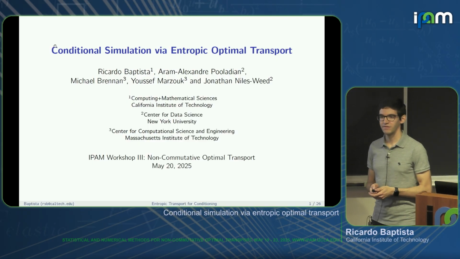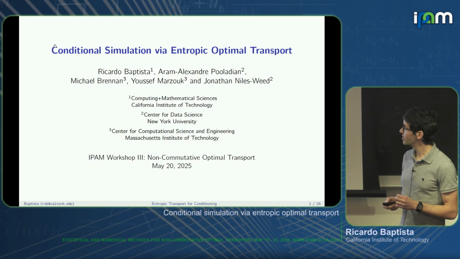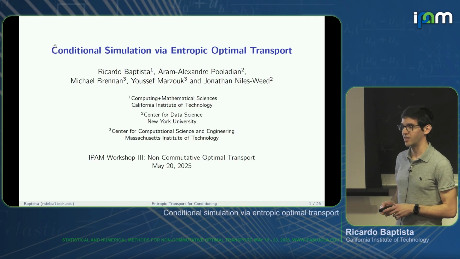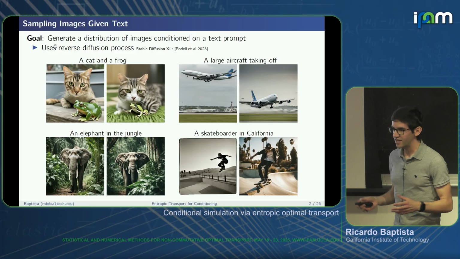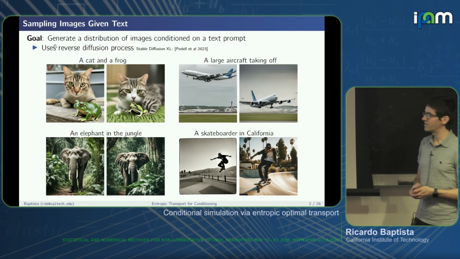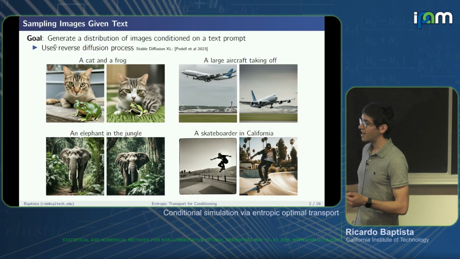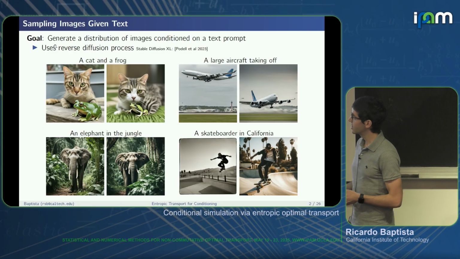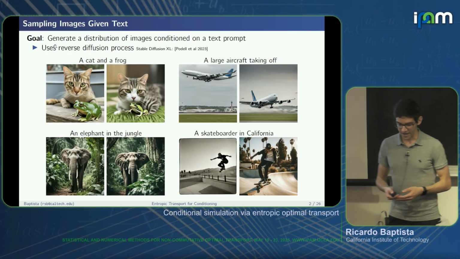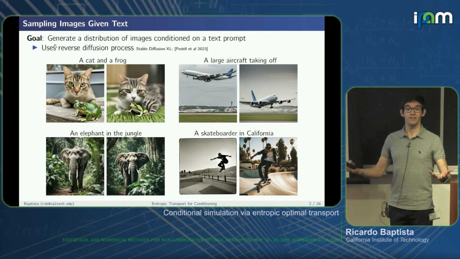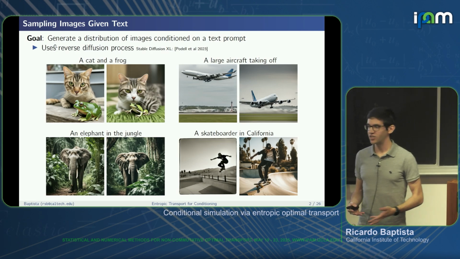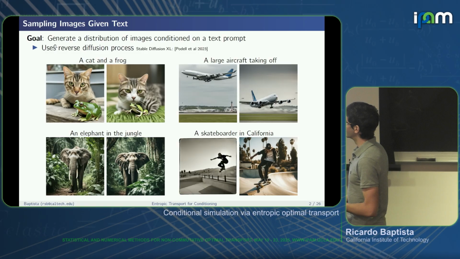So to introduce the problem of conditional sampling, I want to start off with two motivating applications. The first is one that maybe many of you have seen recently in the media. It's from the information sciences, the desire of wanting to generate new images given text prompts.